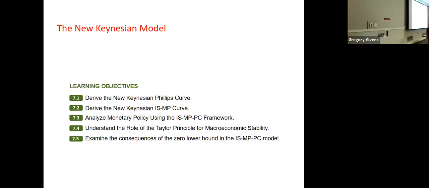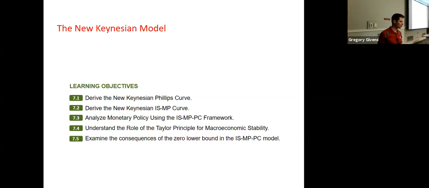So we're going to need to figure out how to analyze this problem of the zero lower bound on interest rates in the context of this new Keynesian model. And hopefully what I'll be able to show you, and again, this won't be until next week, is how the zero lower bound creates real problems for a central banker in its efforts to try to stabilize the economy, okay?